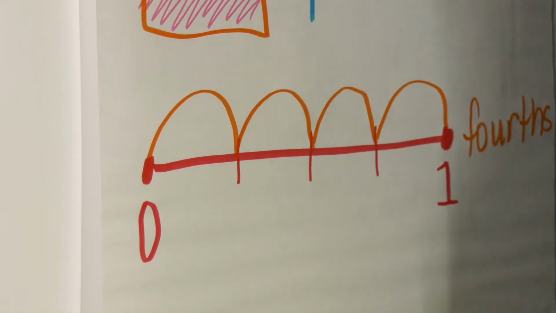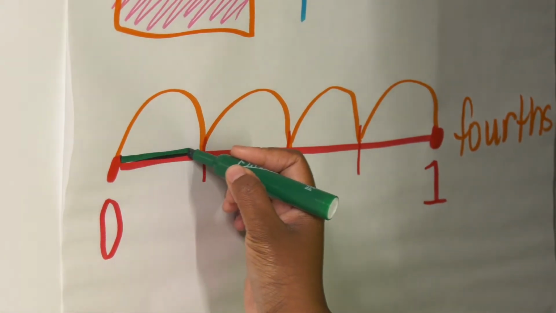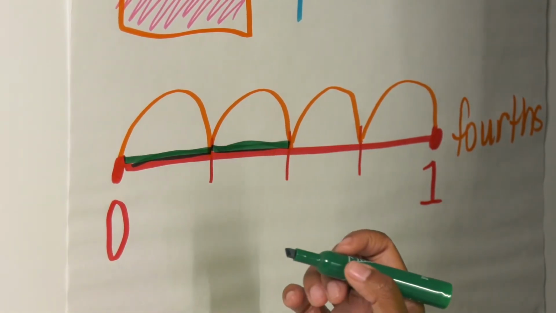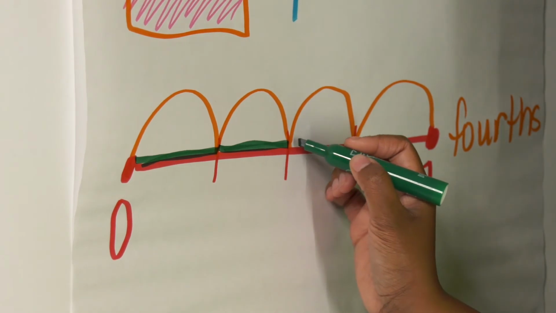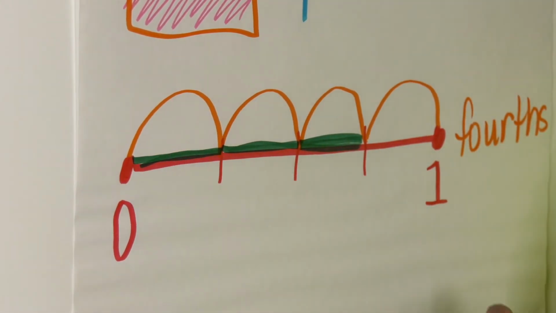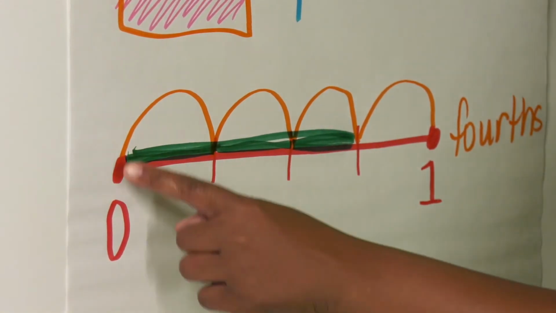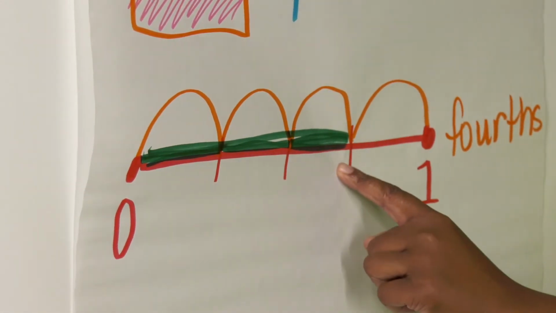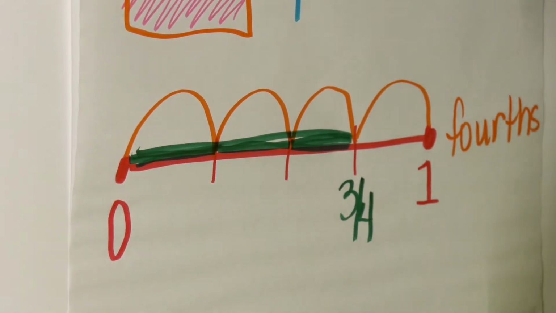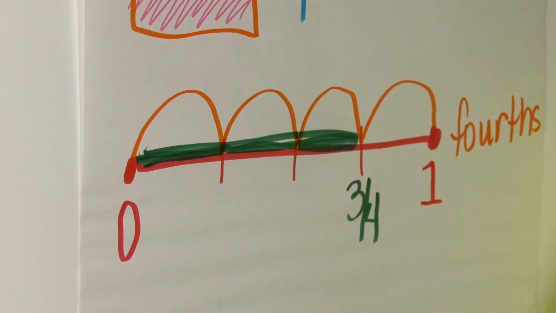So to represent 3/4, I would shade, and on your number line, you'll see it looking like this. That's 1/4, that's 2/4, and that's 3/4. So if you saw a number line shaded like so, 1, 2, 3, that represents 3/4. And you can also place that on a number line.